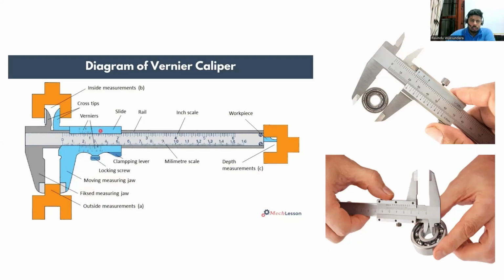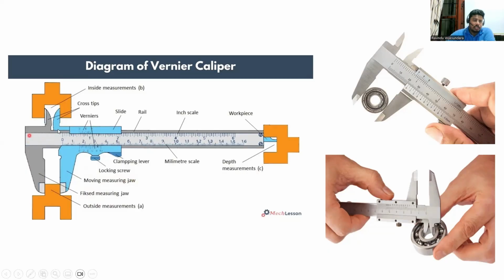Therefore, in real life applications, there are two kinds of scales on the same vernier caliper, one in inches and the other in millimeters. So this blue one is called the moving or measuring jaw.